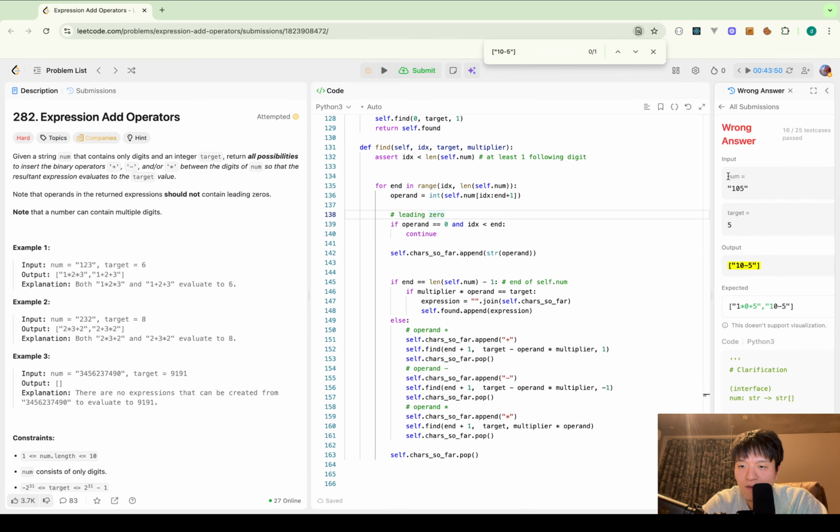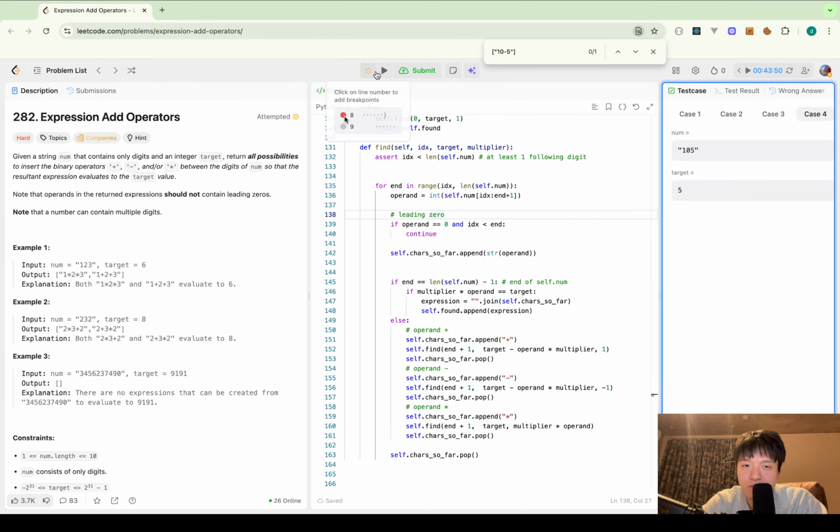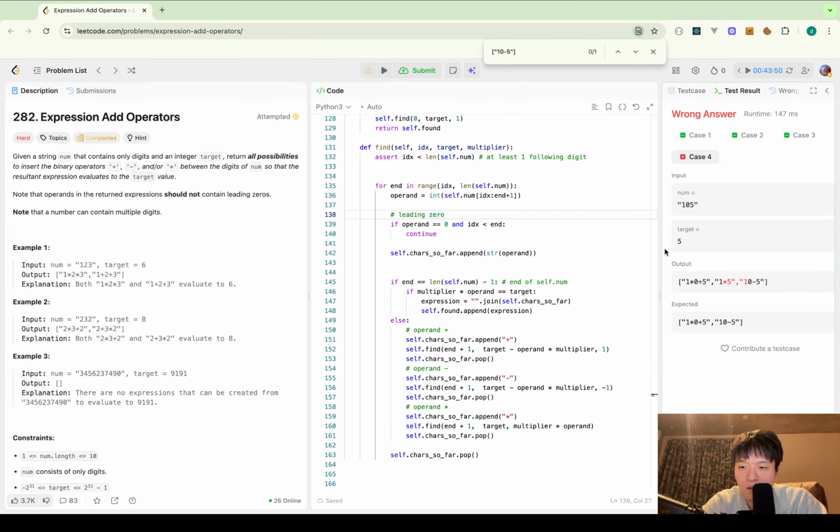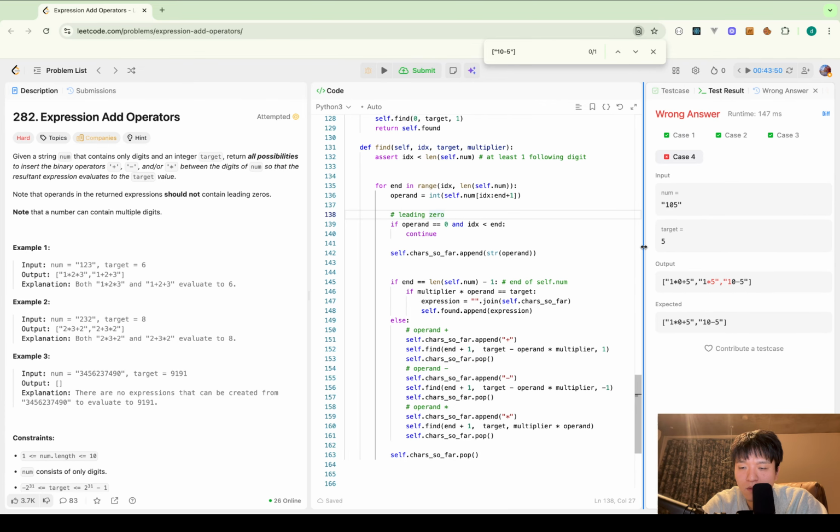So I try with this failed case. Oh, no. So operand, even if the operand is not 0, let's say it's 05, it's not okay.